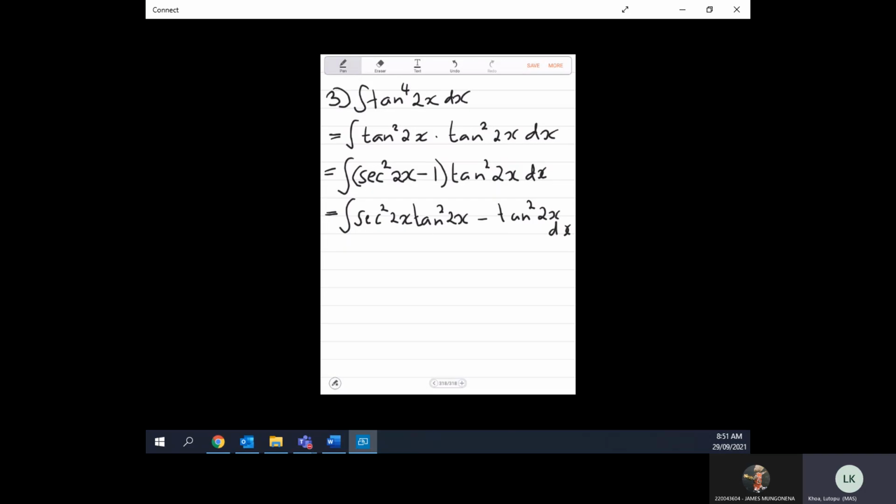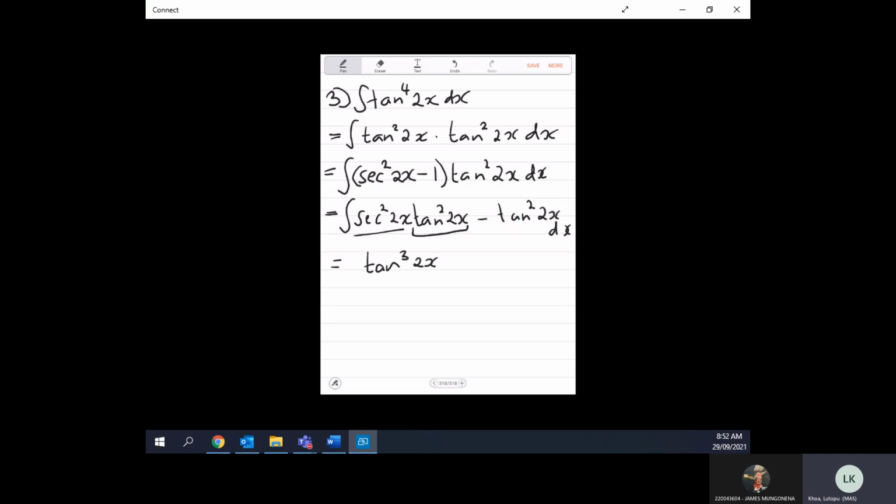So with the first one, you can see this is u to the power of 2, and the derivative of u is sec squared. So if I integrate that, I would just have tan to the power of 3 divided by 3, and then you divide by the derivative of 2x, which is 2, so 6. Okay, so this is tan to the power of 3 of 2x.